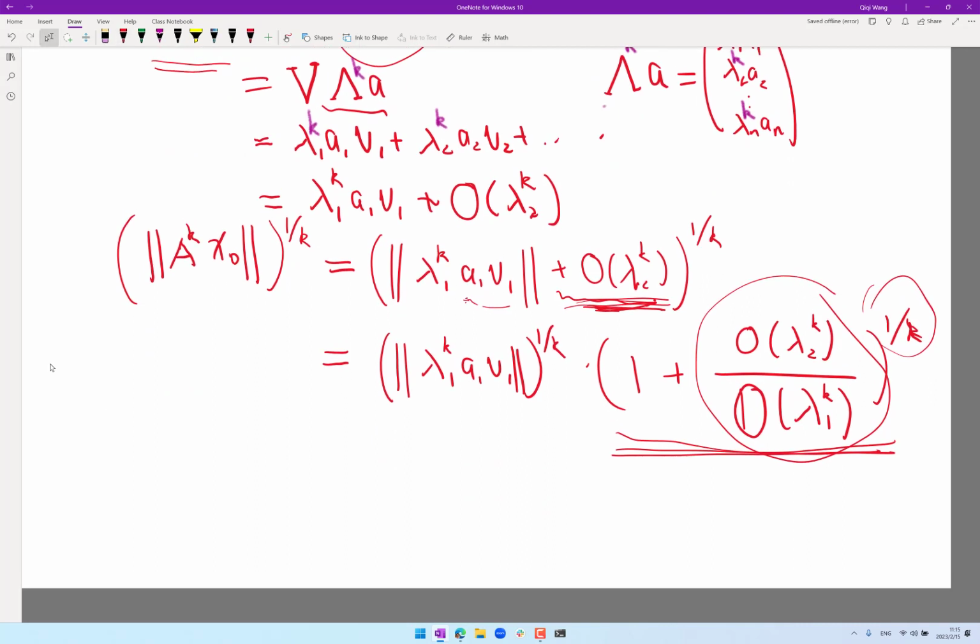So basically, you can approximate it as the first term times 1 plus 1 over k times order of lambda 2 over lambda 1 to the kth power. This is just a Taylor series expansion of an exponential function, where the 1 over k is this small number. Everybody agree with that?